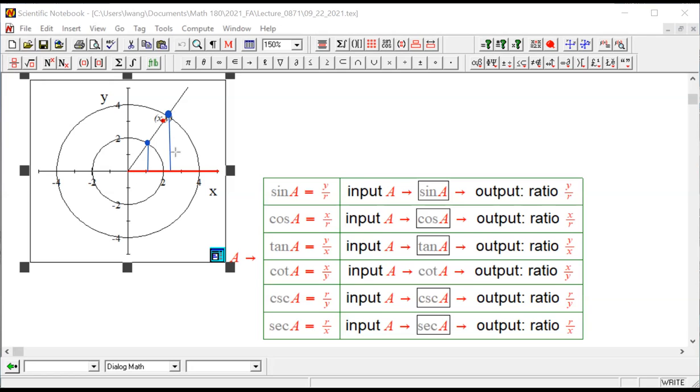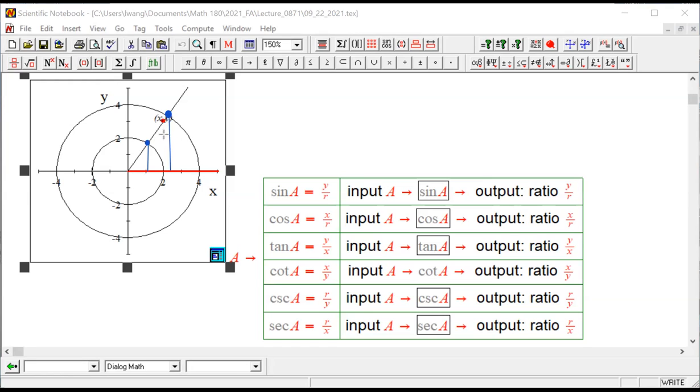These two triangles are what? Let's look at these two triangles. There are of course three triangles here, but we look at two of them. This triangle has radius 2, and the other triangle has radius 4. The hypotenuse of this one is 2, and the hypotenuse of the other is 4. These two triangles, what do we call them?